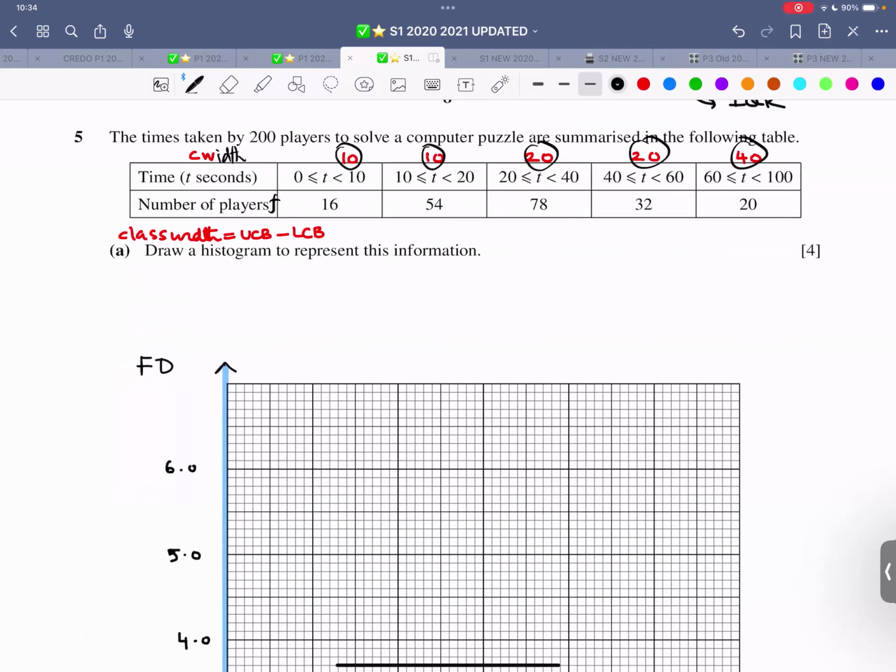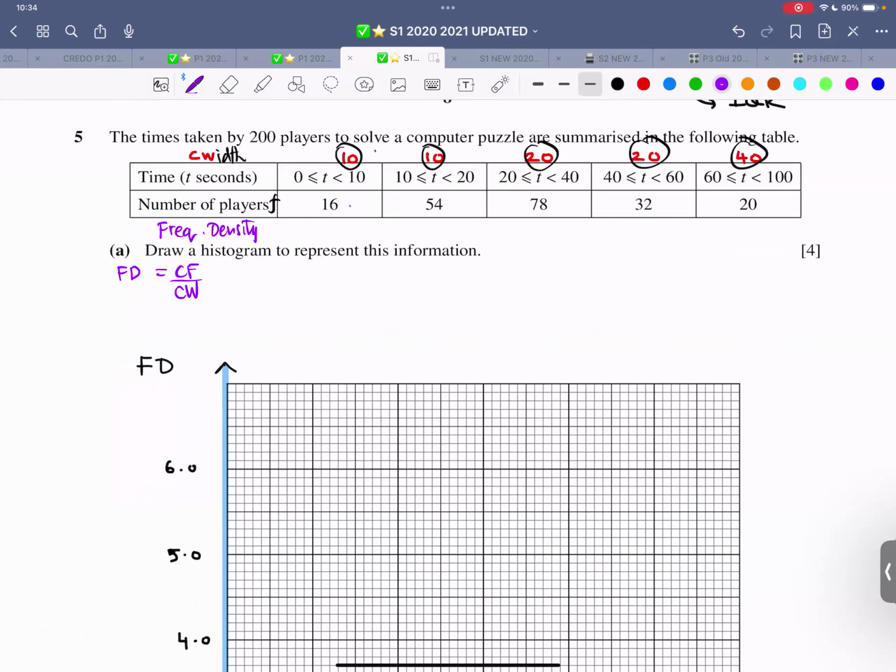This is the frequency. That means what do we need over here? We need a row for frequency density. So let me write over here, frequency density. What is the definition of FD? That is class frequency divided by class width.